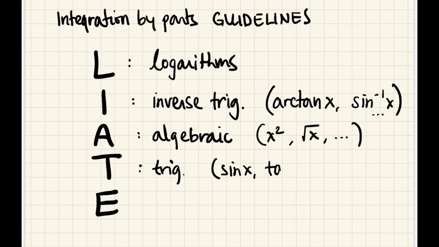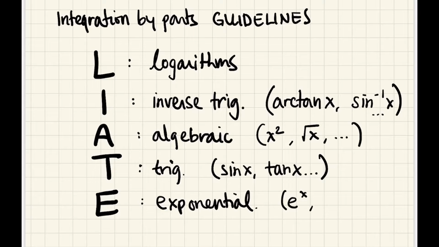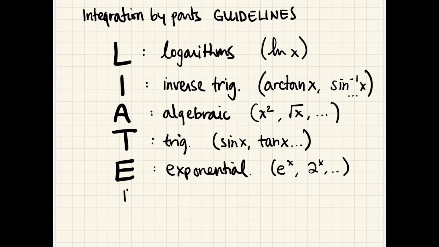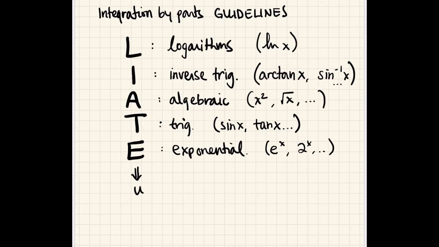You know what those are. And E is exponential, like e to the x and stuff like that, 2 to the x. And all logarithms feel sad that they don't have an example, so let's put ln of x in there. There we are. So the idea here is that you go down this list and that's going to be your u.